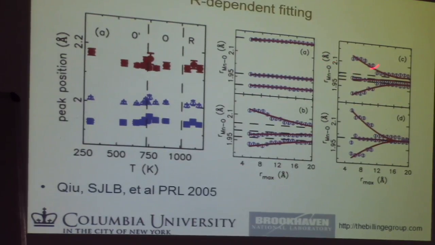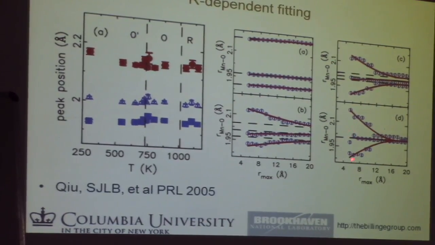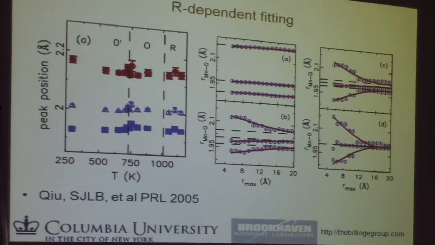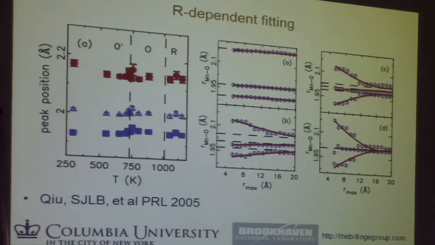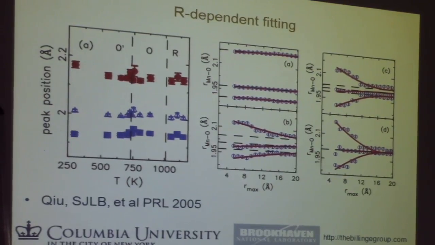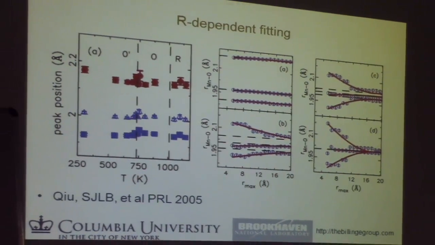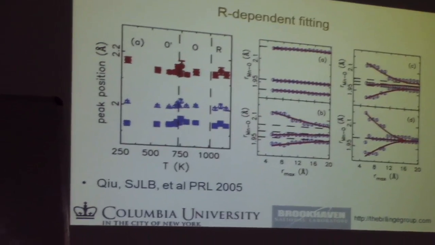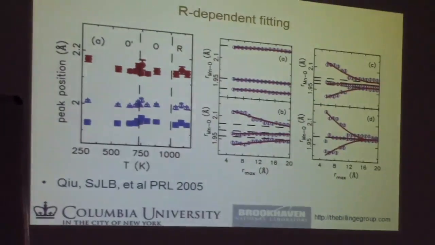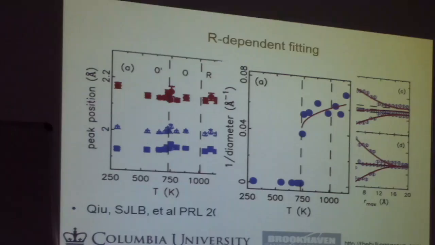And what we can do is measure the range of R that you need to go to for this crossover to happen, and that's telling you the domain size in your material. It's telling you that what you have is Jahn-Teller distortions, and they're short range ordered, but they're not long range ordered. And where this crossover happens is changing, but they're all still there.